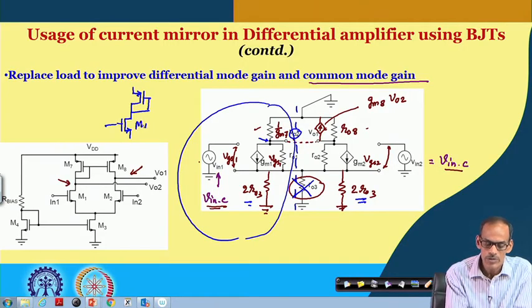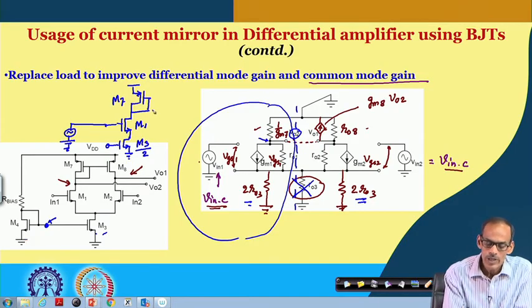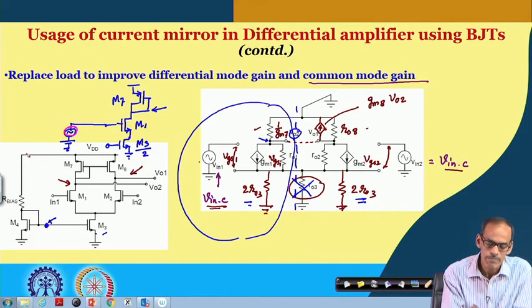We do have GM1, we do have GM7 connected to VDD, and then this transistor, half of that transistor, we may call M3 by 2. It is just a matter of representation, and at this point we are giving the small signal along with a DC. Of course, this node gets the bias similar to this point, and we would like to know what will be the corresponding output here due to the small signal, and this small signal is Vin C.